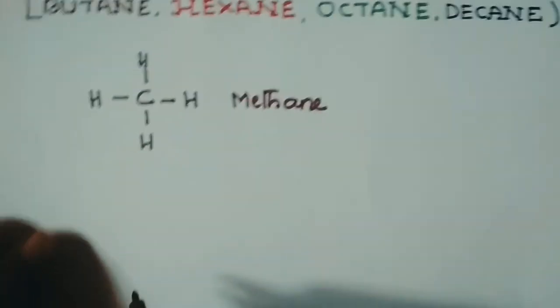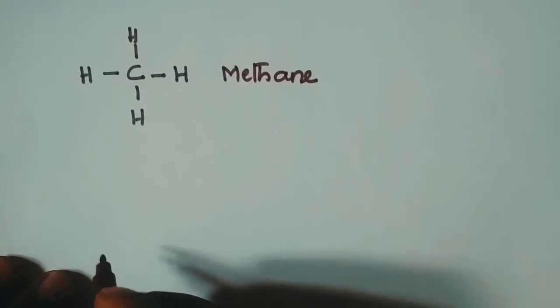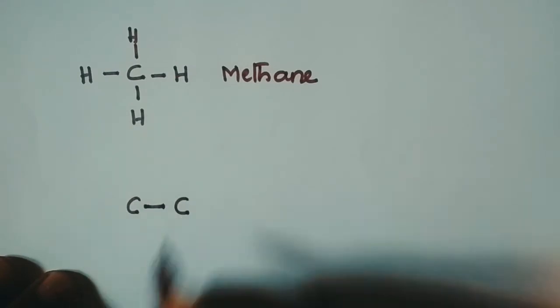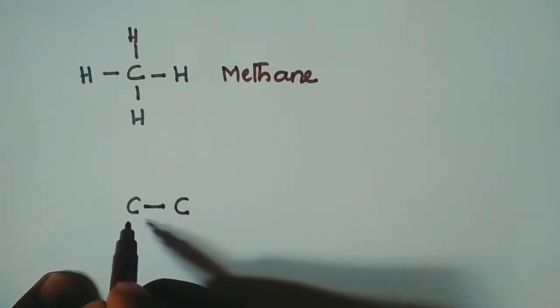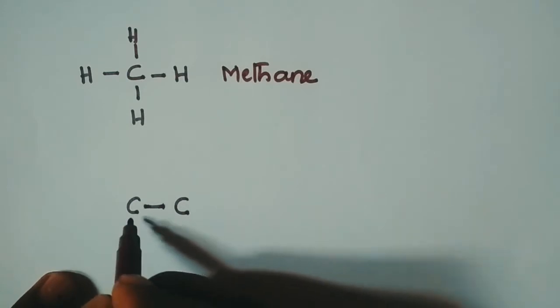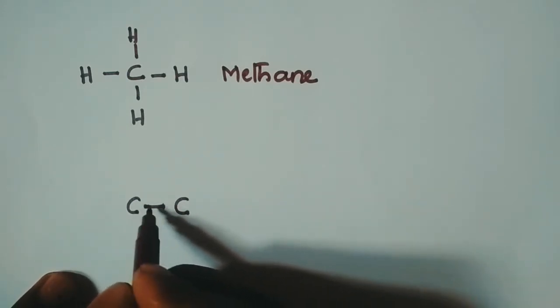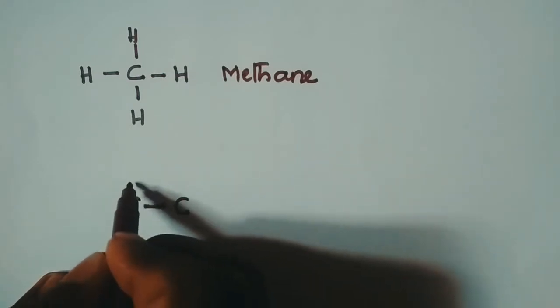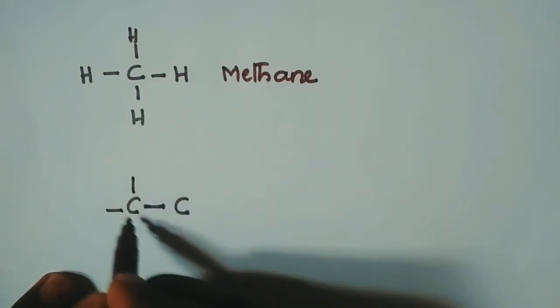Similarly, you can write a 2-carbon alkane. See, you can bond with another carbon. Each carbon valency is how much? 4. Already for this carbon 1 valency is there, so you can subtract 1 from 4. You are getting 3, hence you can write 3 bars remaining.